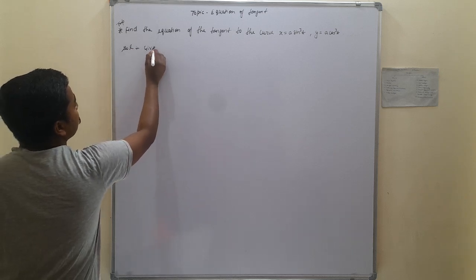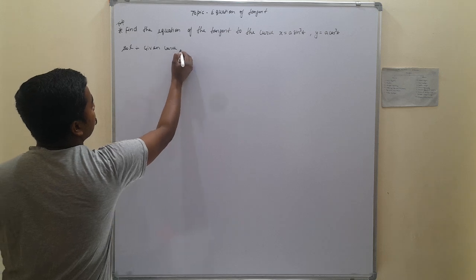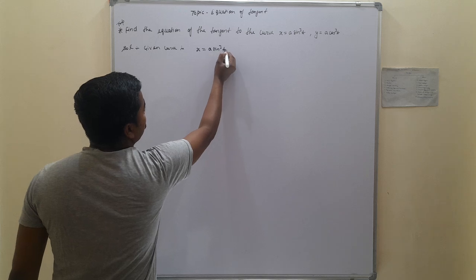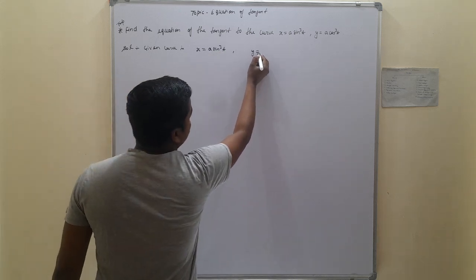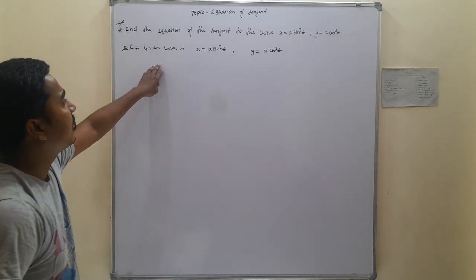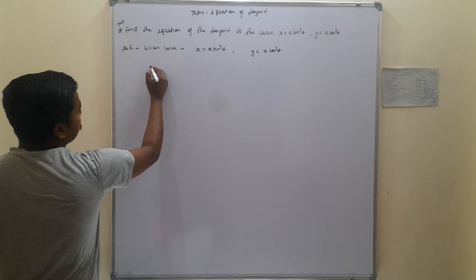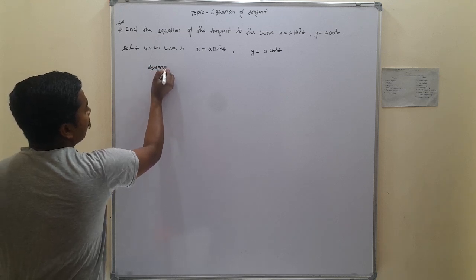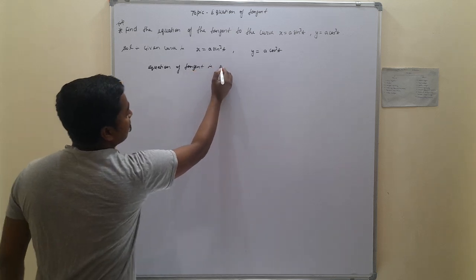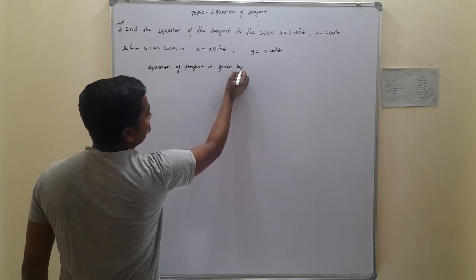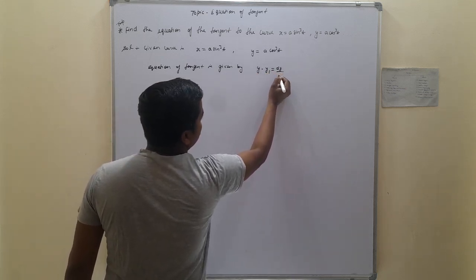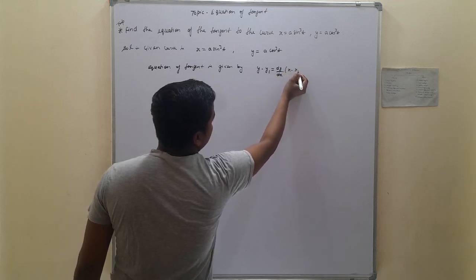The given curves are x equals a sin cube t and y equals a cos cube t, and we have to find the equation of the tangent. The equation of the tangent is given by y minus y1 equals dy upon dx times x minus x1.